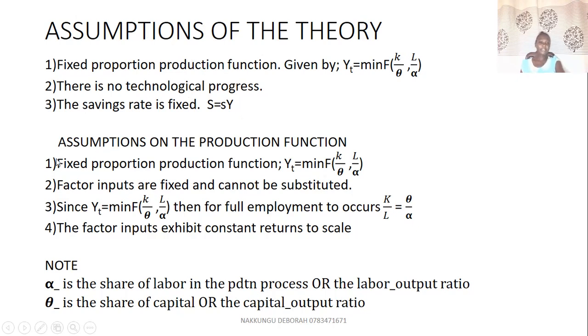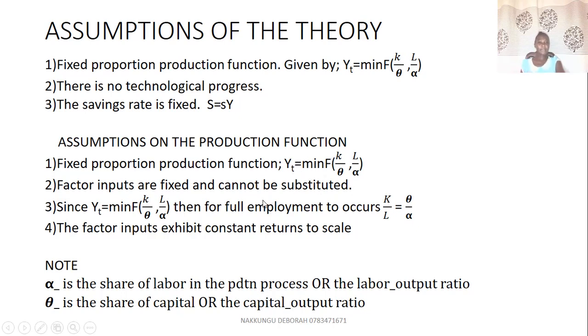So the first assumption, as I said, is that the production function we are looking at is a fixed proportion production function. That's why I represented it here as Y_T is equal to the minimum of K over theta and L over alpha, meaning we use a scarce combination of factor inputs to produce our output.